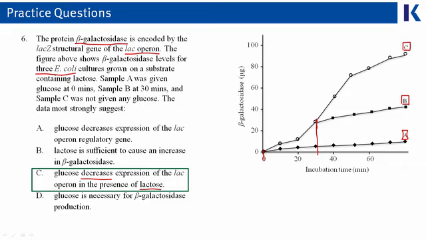So you throw glucose in, the lac operon doesn't get expressed anymore, which means beta-galactosidase doesn't get made because beta-galactosidase gets coded for by the lac operon. It's a cause and effect chain that is supported by the visuals we're given and the text that we've been given. But let's see now another way this same question logically could have been asked.